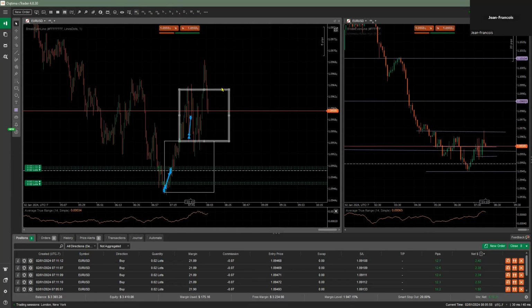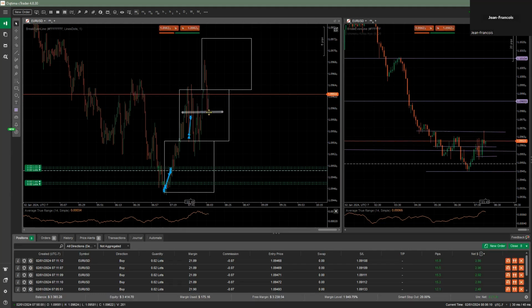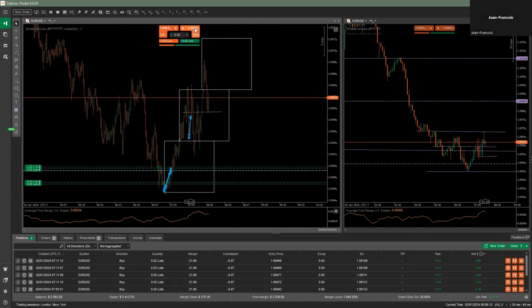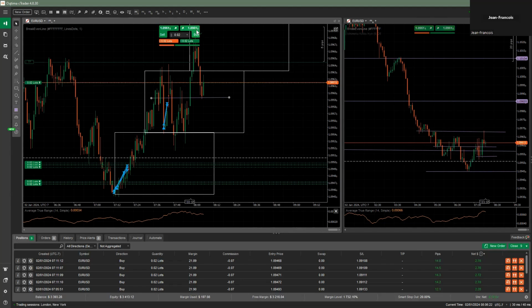We broke this box and then came right back in. And we know we want to be buying at support. So if this is support right here or in this zone, why not buy this? If I can see a red candle or any kind of testing of this line here, I'll buy that. Just for the example, I'll buy it right now. And if I get more, I'll buy more.